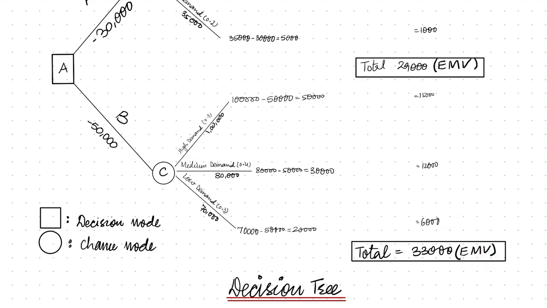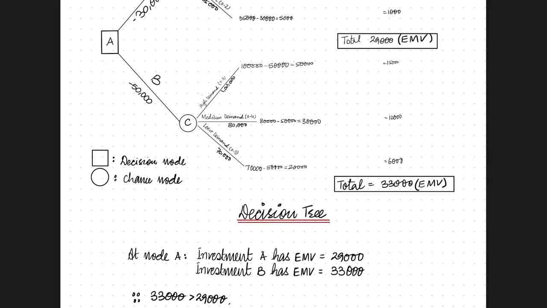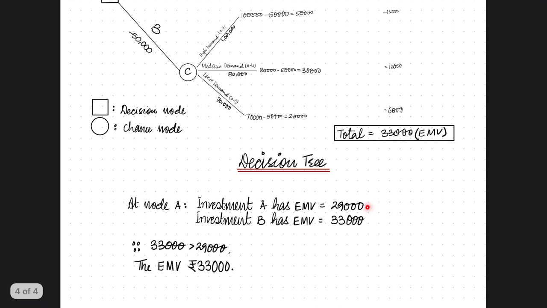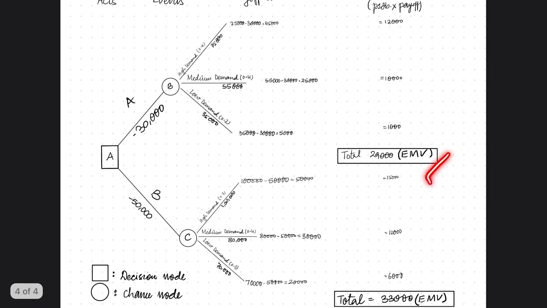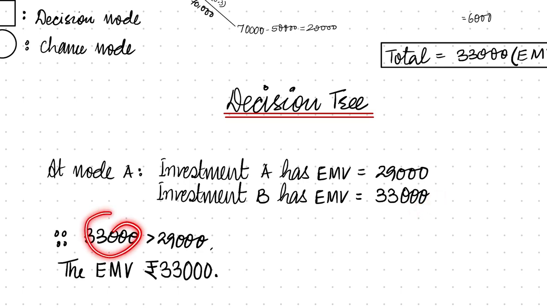So in order to maximize the profit, what do we select? We select the maximum expected monetary value. You see, A has 29,000, we have seen. B has 33,000. So 33,000 is the maximum, then 29,000.